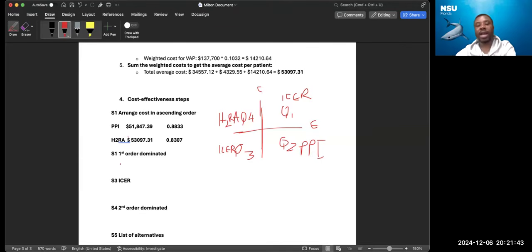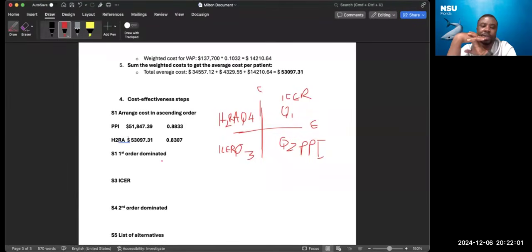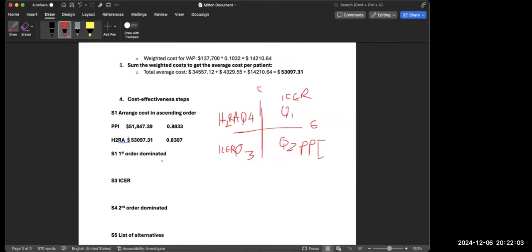So in the next step, in the cost effective step, we have to determine whether there is first order dominated or not. So in this example, is there any first order dominated or not? Yes. Mitra, can you explain why you think that there is first order dominated? So in the first order, we're checking the cost and effectiveness.